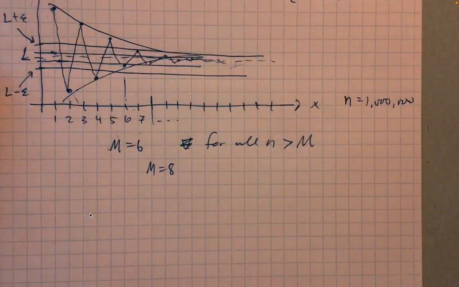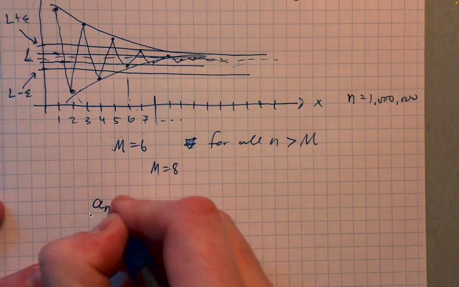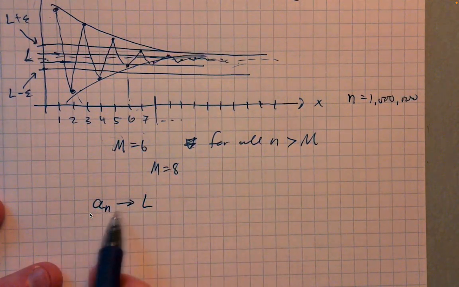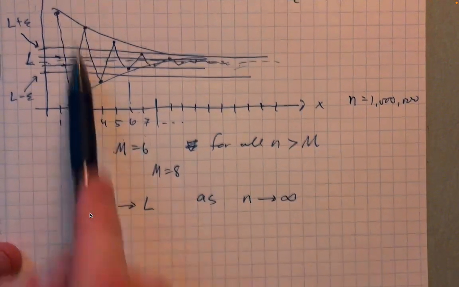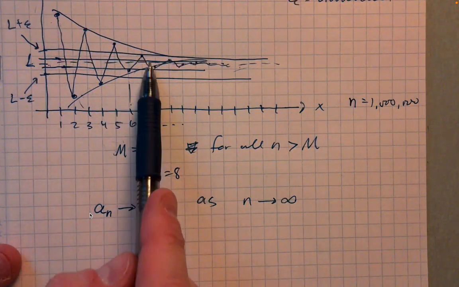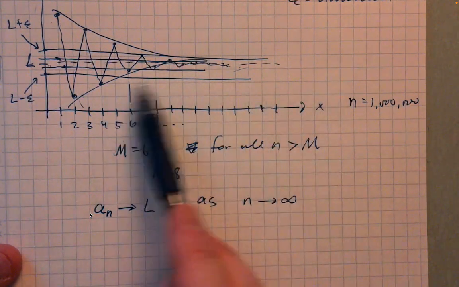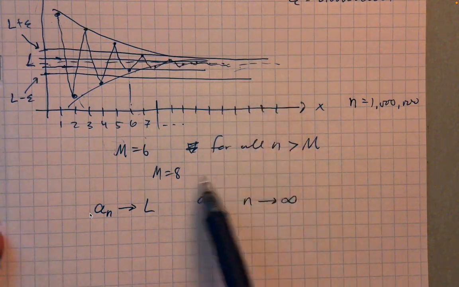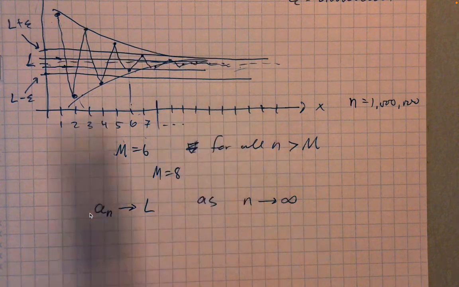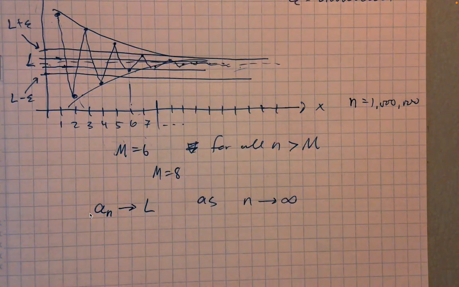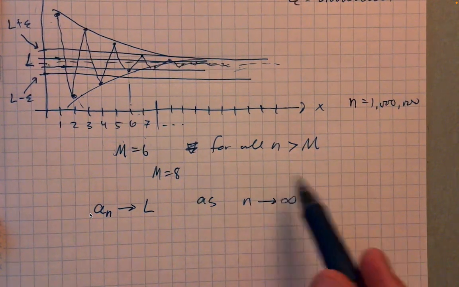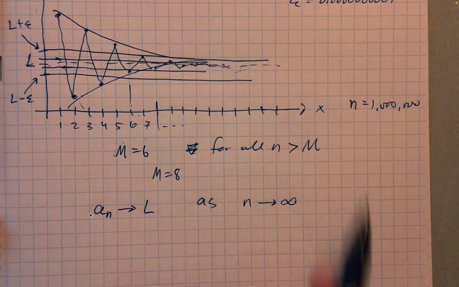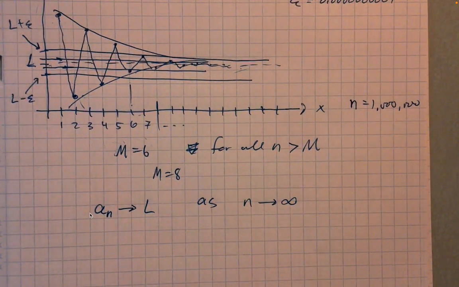And so that's why we say that the sequence goes to the limit L as n goes to infinity. Out here at the beginning, the terms are not even close to L, but as we go further into the sequence, the terms tend to get closer and closer to L. The nth term is a certain distance from L, the n plus 1 term is closer, the n plus 2 term is even closer, the n plus 3 term is even closer, until there's practically speaking no difference between the two.